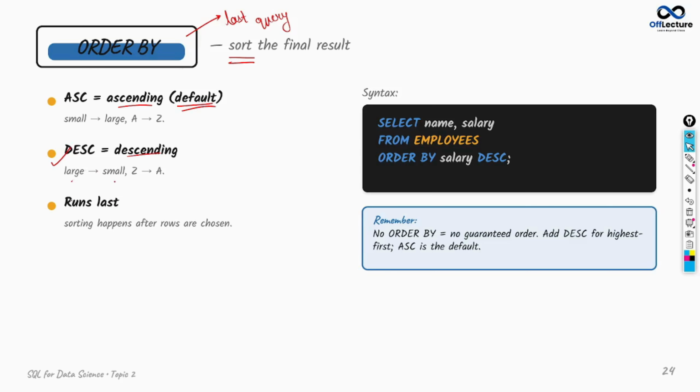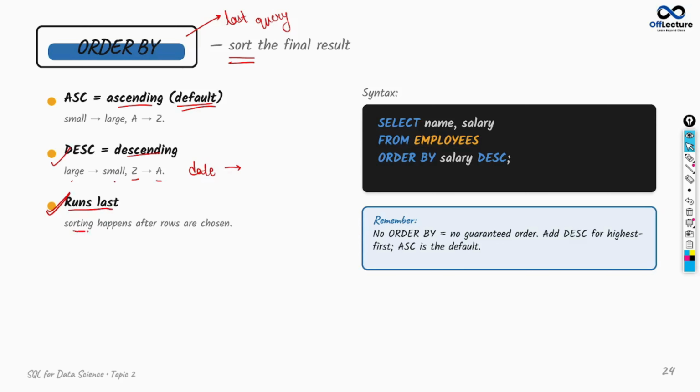If you are applying it on a text based column, it will order the result from Z to A. And if you are applying it on a date based column, then it will result from the latest date to the oldest date.